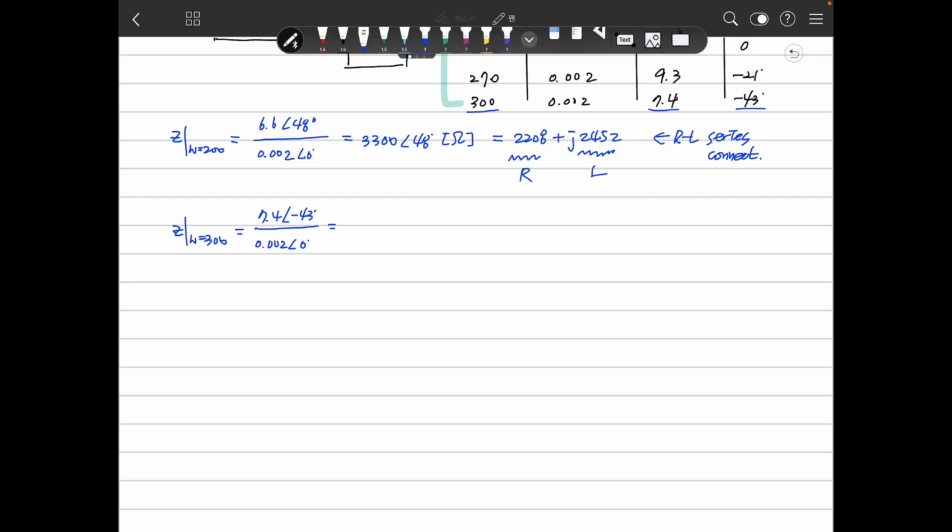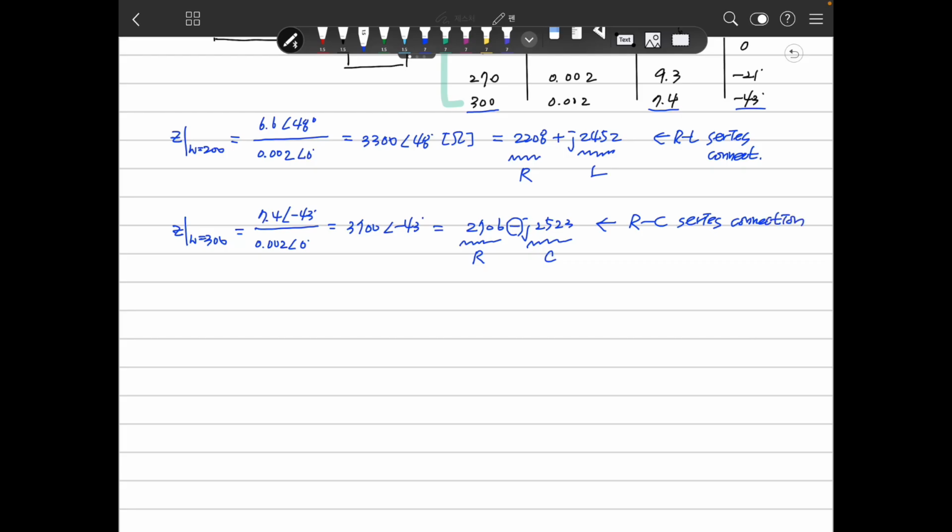Then the result is 2706 minus j 2523. This is the real part R, and this is a negative imaginary value. What is the meaning of that? That is a capacitor. So this is an R and C series connection.